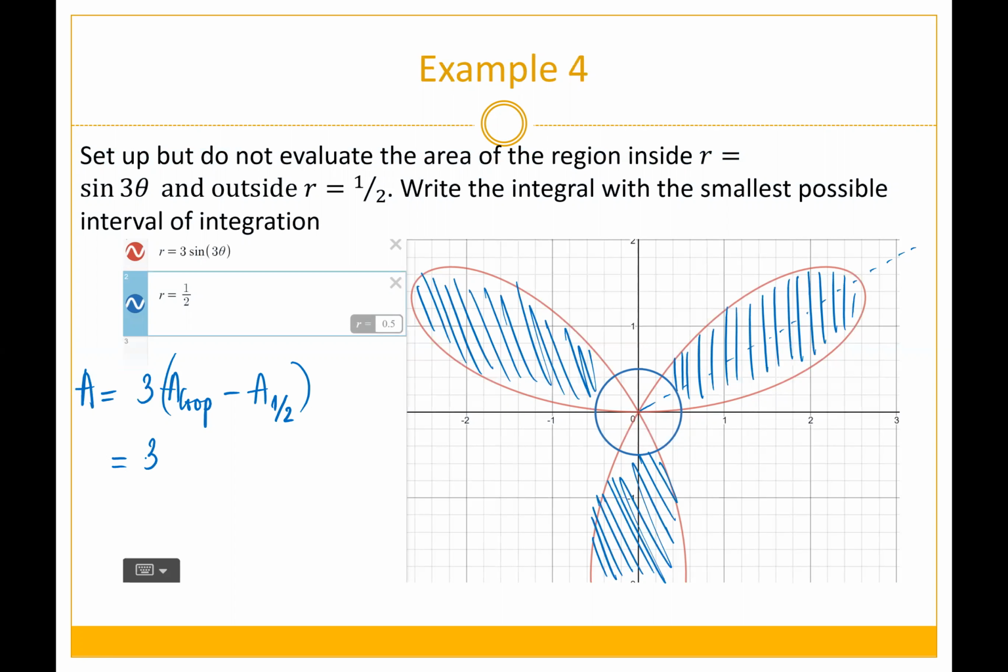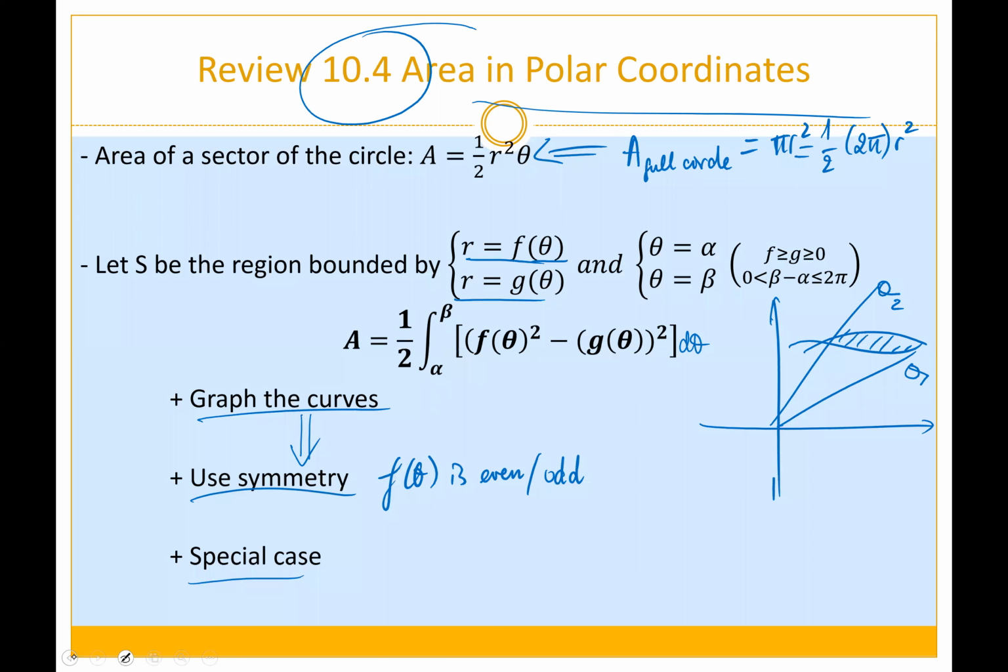And so the way we're going to do it is, let's see what is the angle from here to here. So the angle of a loop when it crosses is when you have sine 3 theta equal to half. And I think I put the wrong graph here anyway, so we're going to redo it.